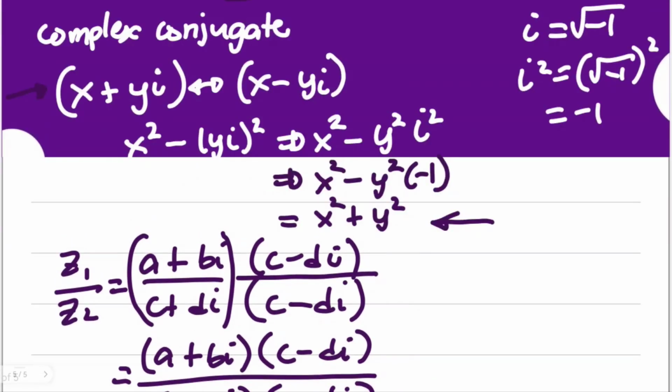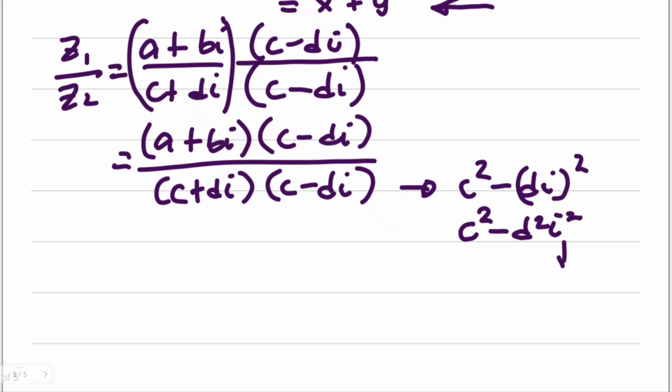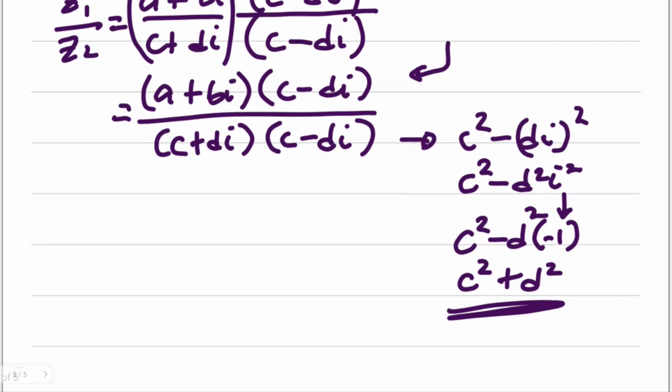Similar to what happened here, you will have c squared minus di squared, or further c squared minus d squared i squared, where i squared is again equal to negative 1. So c squared minus d squared times negative 1, that's c squared plus d squared, a real value. That's for our denominator alone, and we are done simplifying that. But of course, our numerator is still like that, so let's simplify that further.